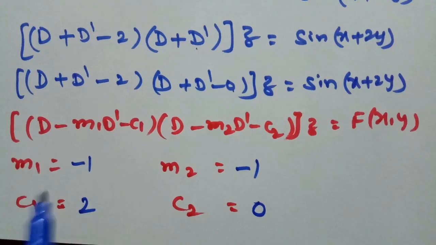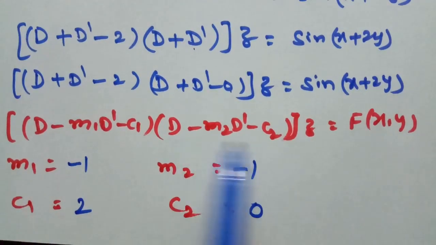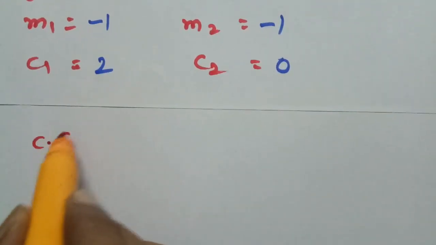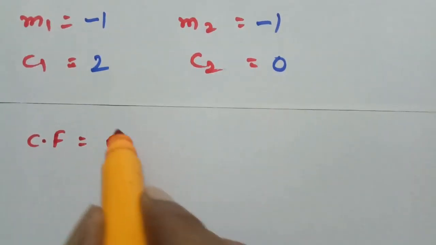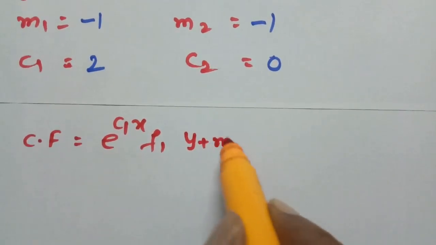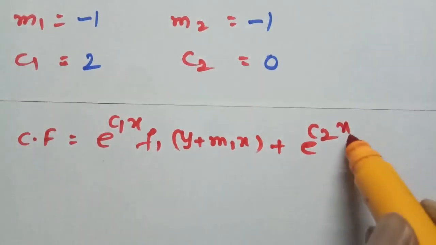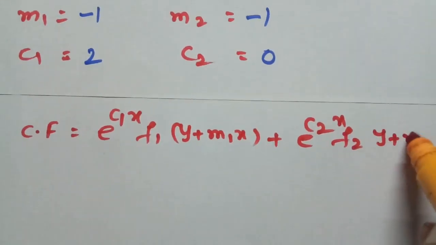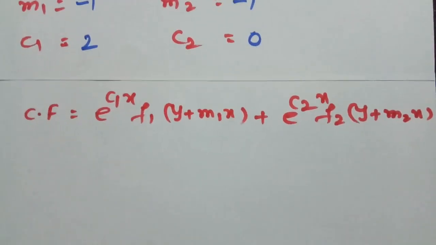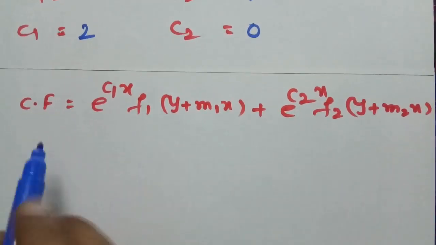Therefore we have clearly given the rule to write the complementary function in the case of linear factors of this form. CF is equal to e to the power of c1x into f1 of y plus m1x, plus e to the power of c2x into f2 of y plus m2x. This is the formula for complementary function. Now substitute the values of m1, m2 and c1, c2.